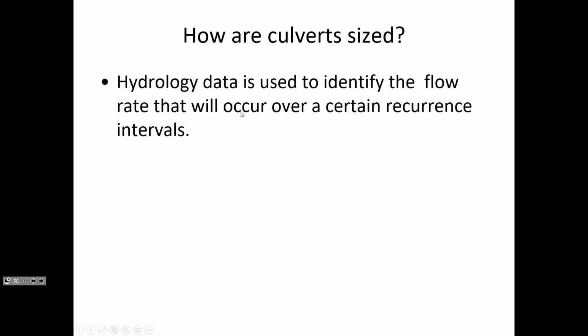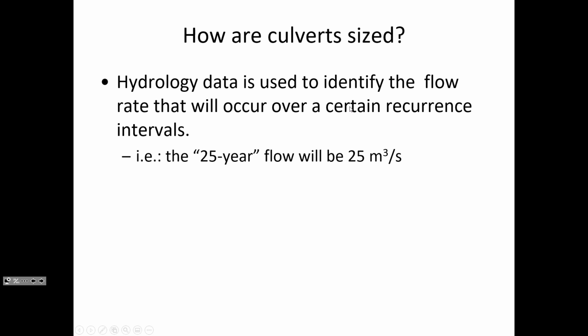So the way that we size them is a hydrologic analysis is done to find out the flow rate Q, and then once you know the flow rate and you know what your design standard is, let's say, for example, that you want your culvert to only fail once every 25 years. So you would do this hydrologic analysis and you'd find out the 25-year flow rate.